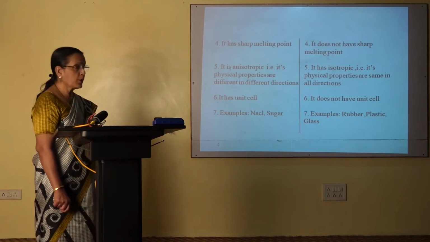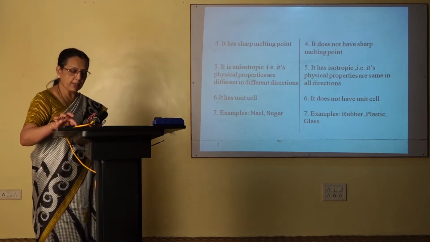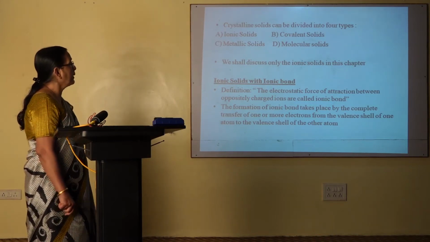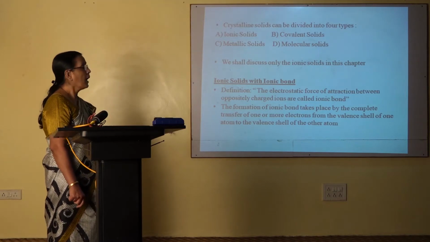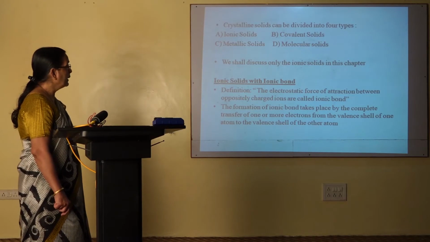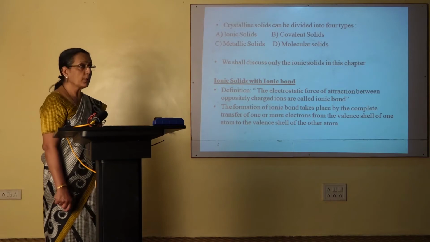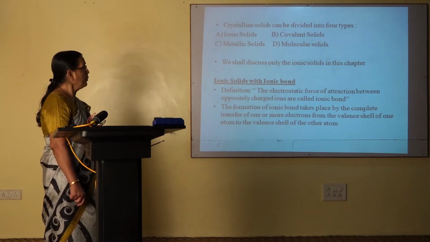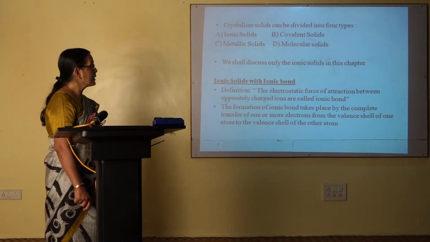Then you have seen the one-dimensional lattice: a set of points repeated at regular intervals along a line, that is a one-dimensional lattice. Second, two-dimensional lattice, where a set of points are repeated along any two coordinate axes.